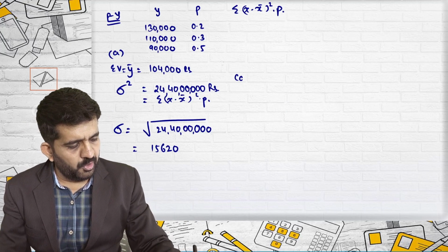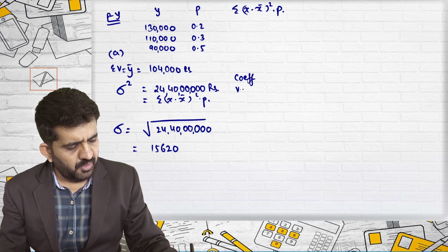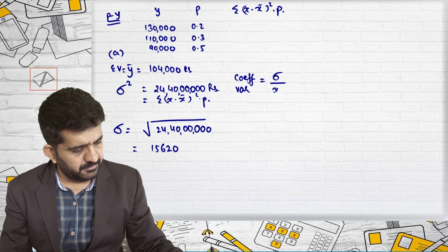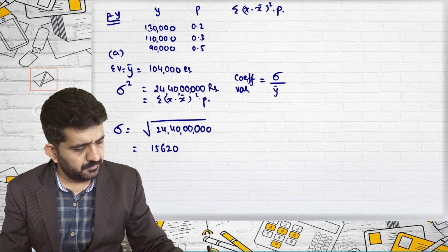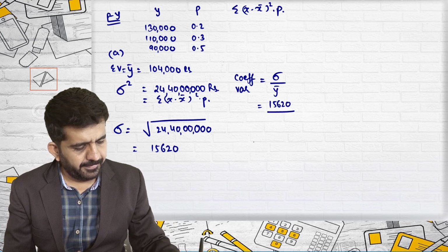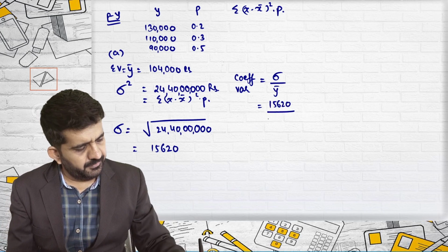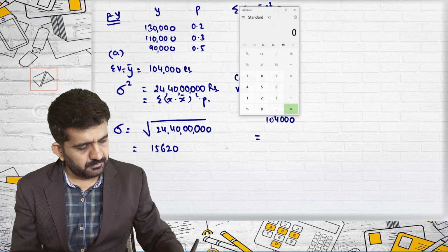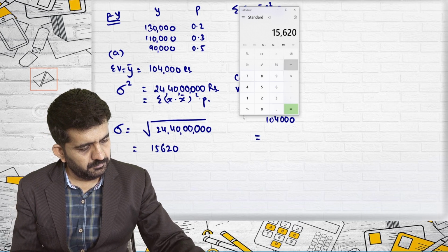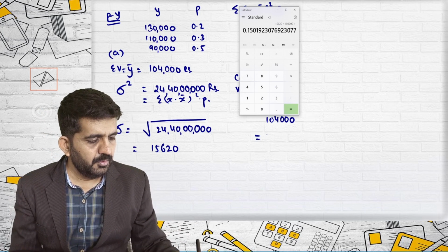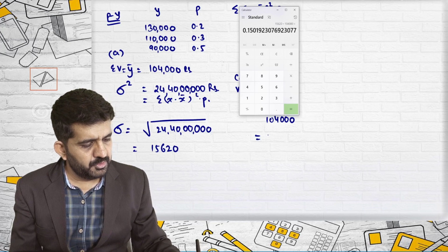And coefficient of variance, standard deviation upon y bar, 15,620 divided by 1,04,000 is 0.1502.